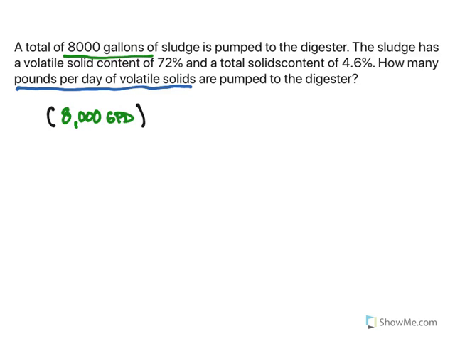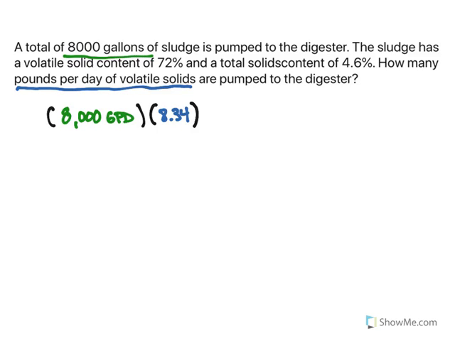Out of those 8,000 gallons, again, as with problem number 2, since we're not told any differently, we're going to assume that that sludge weighs 8.34 pounds per gallon, the same as water, although again I will state that sludge is going to be, by rule, basically slightly denser than water.